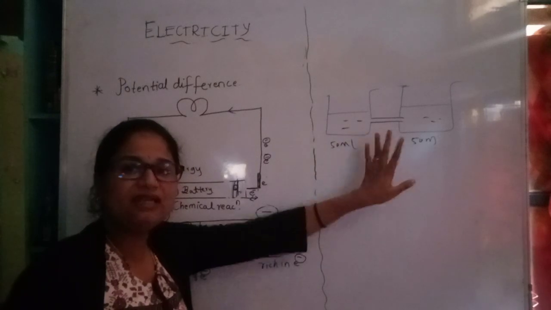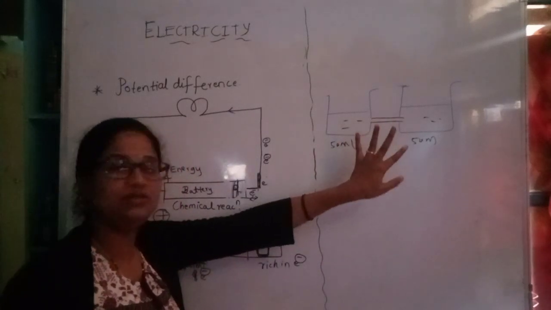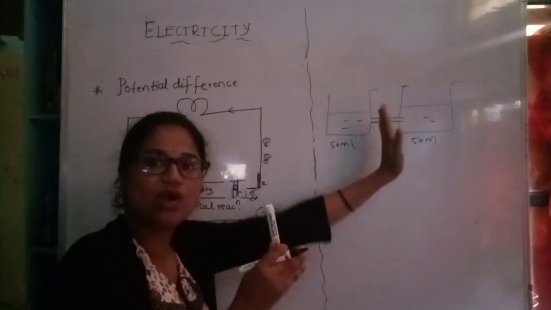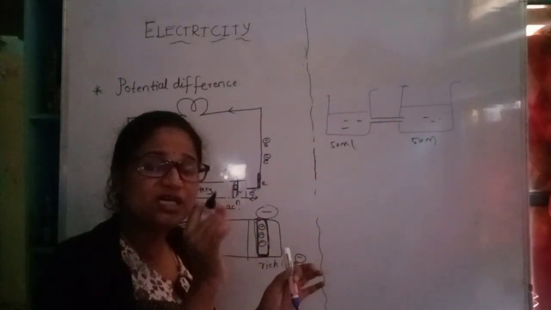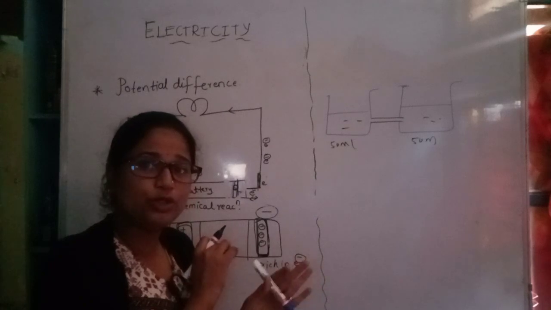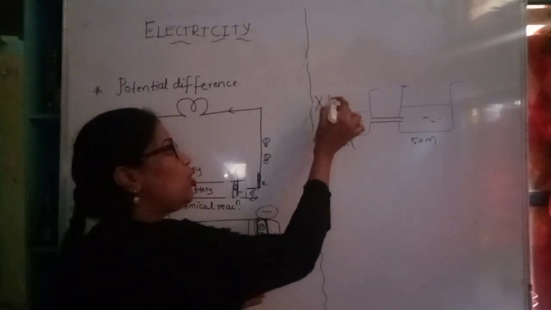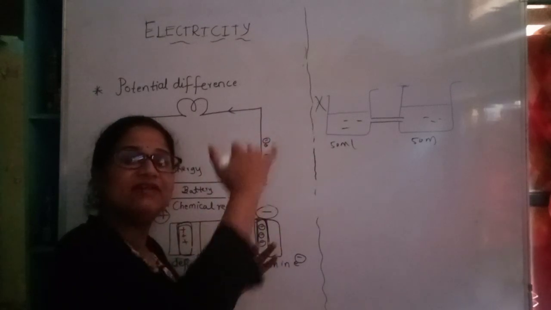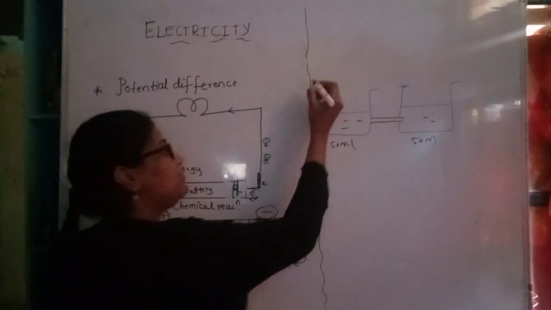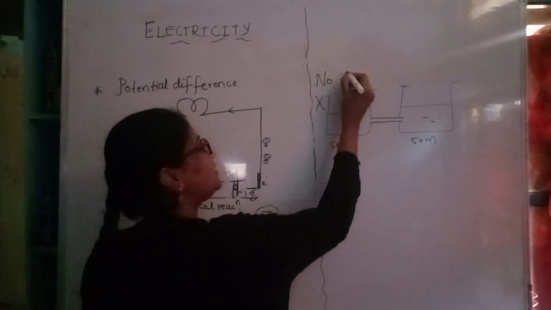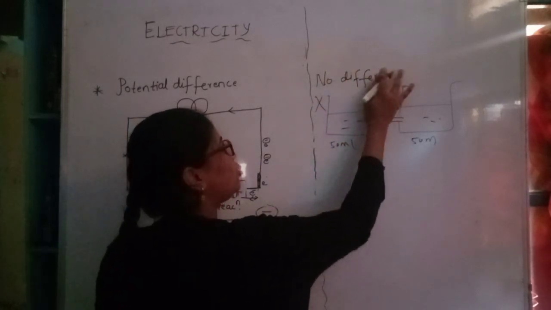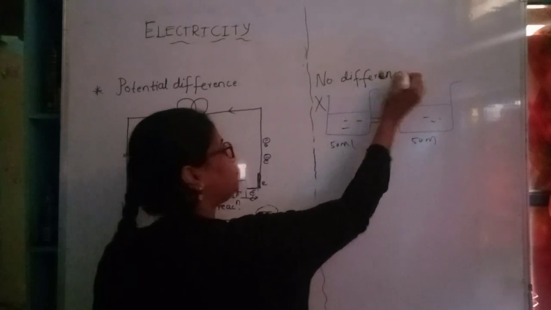When you connect a pipe between these two beakers where the height is the same and the amount of water is the same, can you observe the movement of water? No, because there is no height difference and no water level difference. That is why you can't see the movement of water.